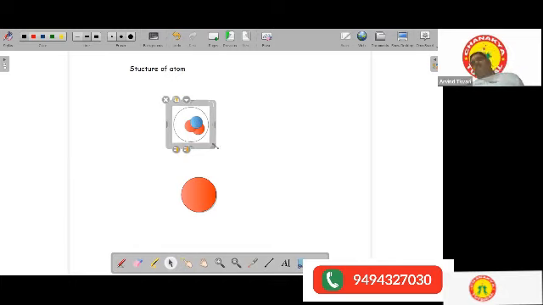Okay. So next one, here I present a simple idea of how an atom would look like. Atom is invisible to the eye. You cannot observe a single atom. It's so small that you cannot observe a single atom.